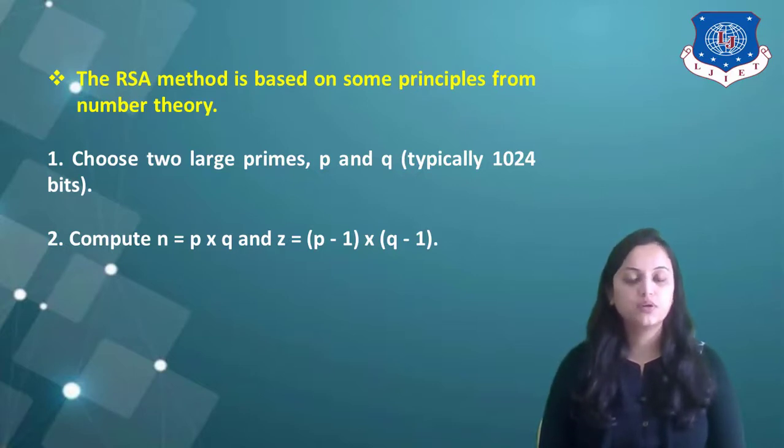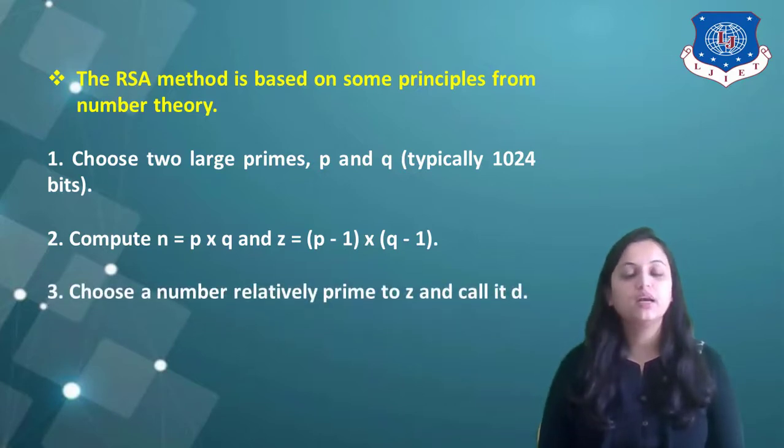That means we need to subtract 1 from each of the selected prime numbers, and then obtain the product of these two, which we will denote as z. So step 2 is to compute the multiplication of P and Q, denoting it as n, and the multiplication of P minus 1 and Q minus 1, denoting it as z.